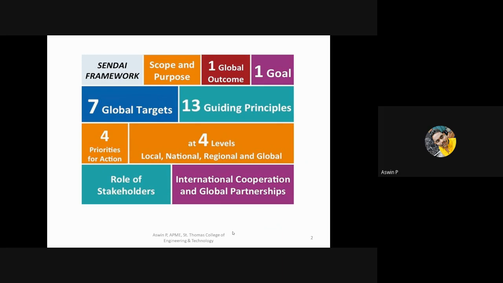Also, the role of stakeholders, international cooperation, and global partnership. All of these together we call the Sendai Framework.